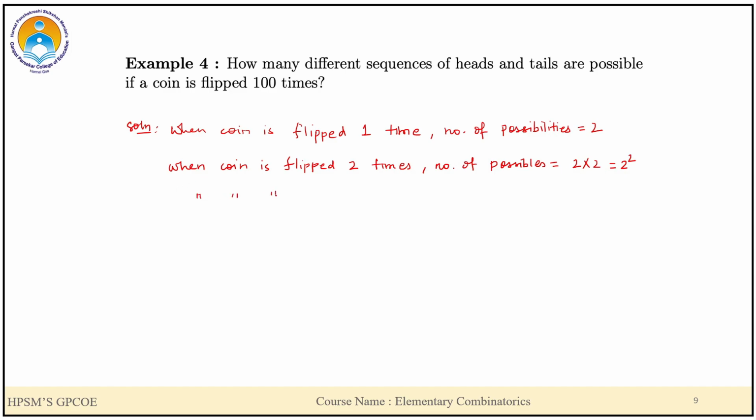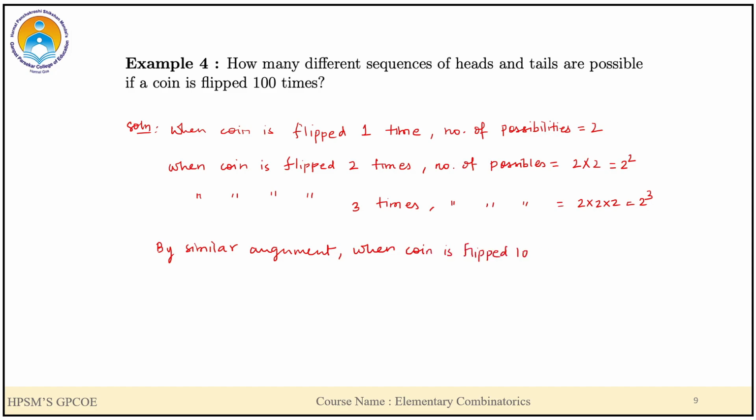When coin is flipped 3 times, the number of possibilities will be equal to 2 into 2 into 2, which is equal to 2 cube. So by similar argument, when coin is flipped 100 times, number of possibilities will be equal to 2 raised to 100.